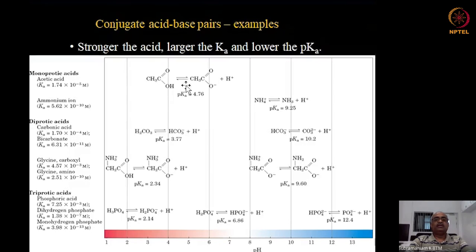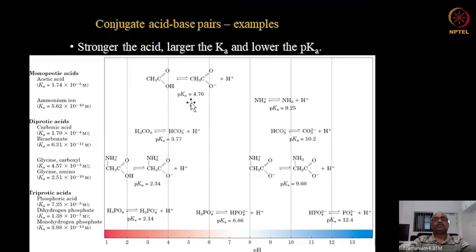The dissociation will be half of the acid, and similarly this combining will be half of the concentration of this. A halfway point, whatever be the pH at which these two will reach halfway, will be the pKa. That will become clear when we get to an equation that talks about this feature. So at 4.76 pH, 50% of this would have dissociated.